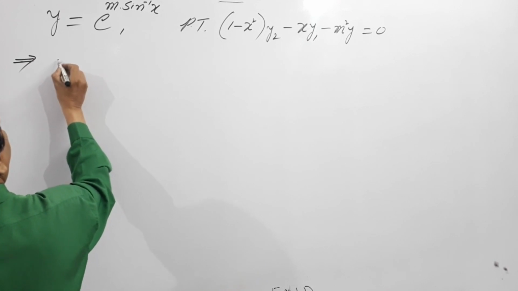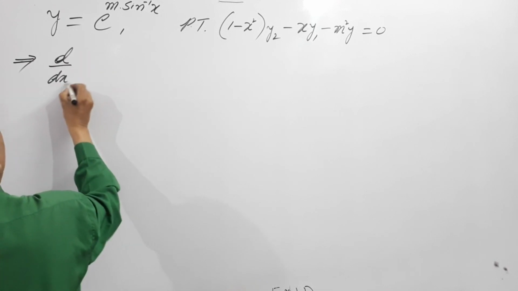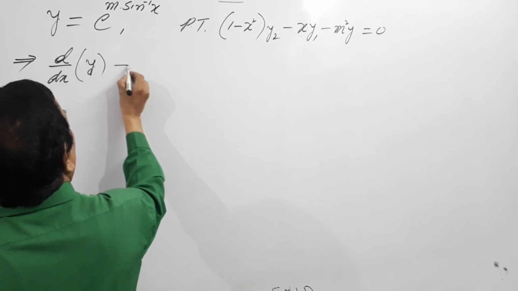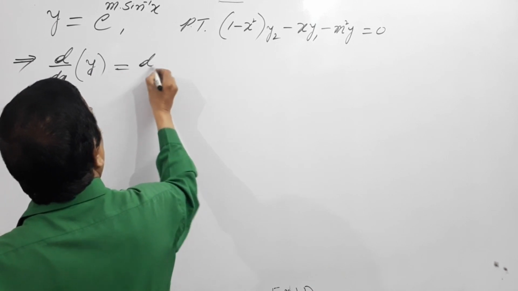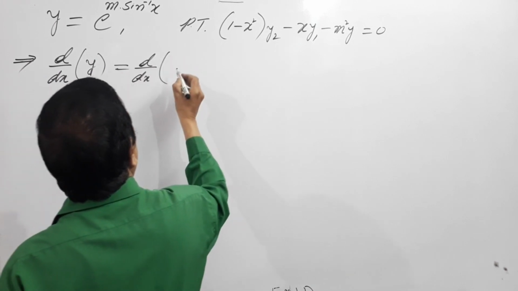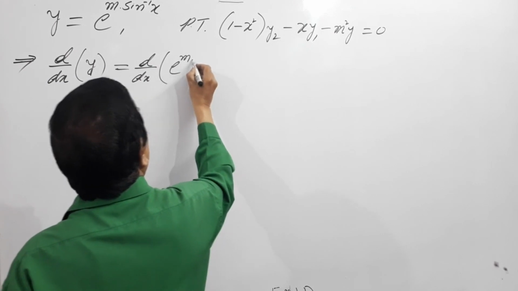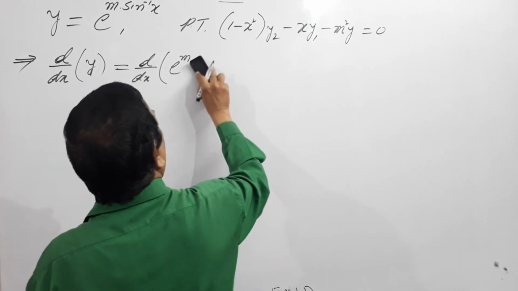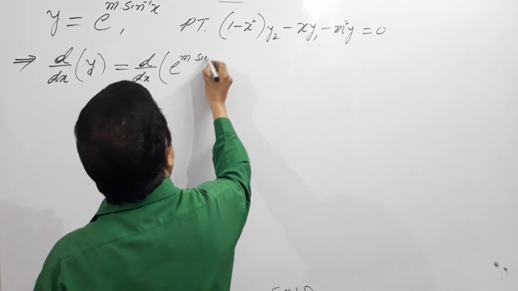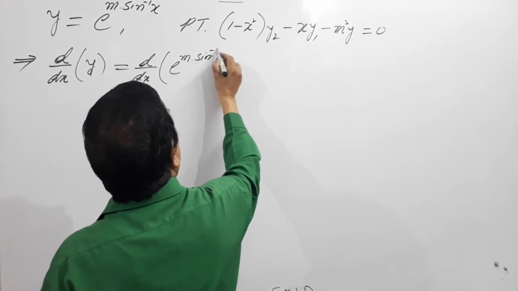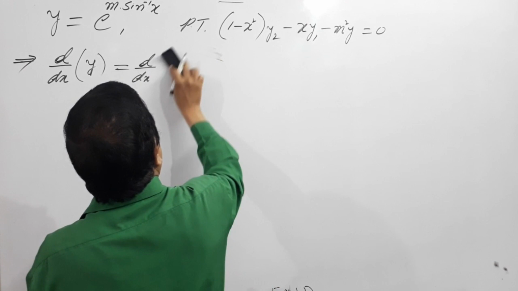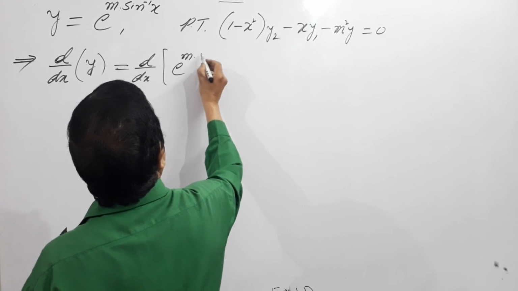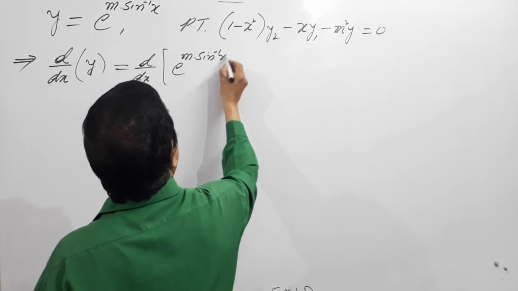That is differentiating d by dx of y equals to d by dx of e to the power of m sine inverse x.